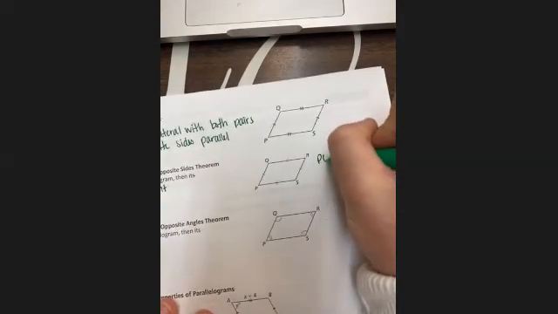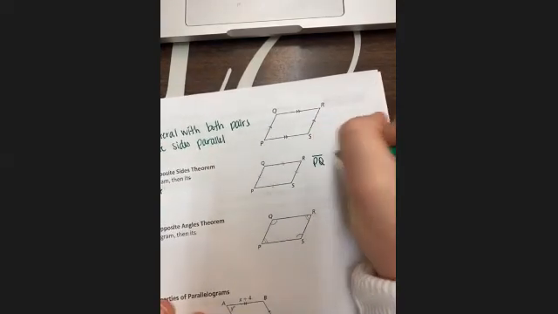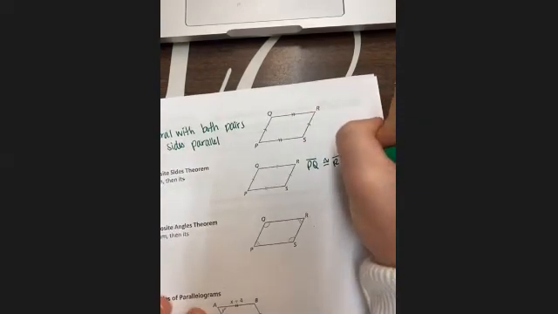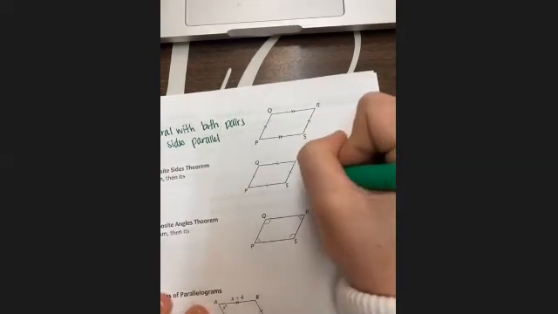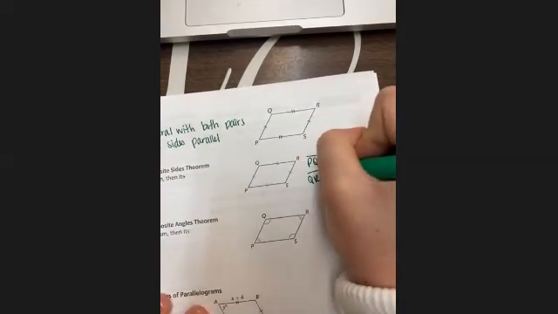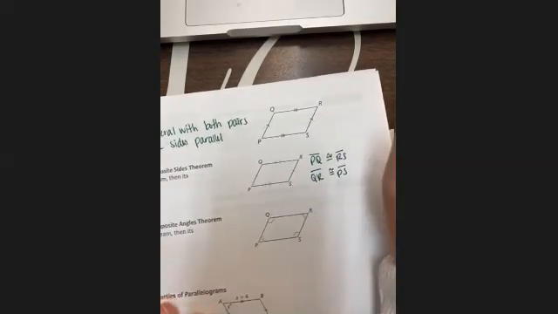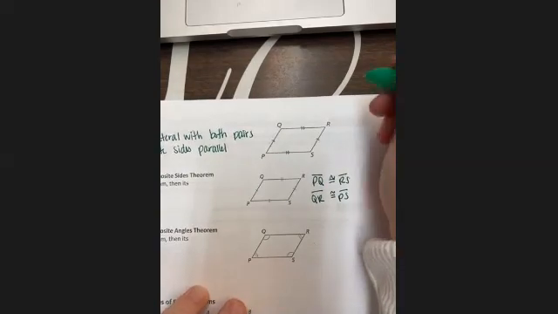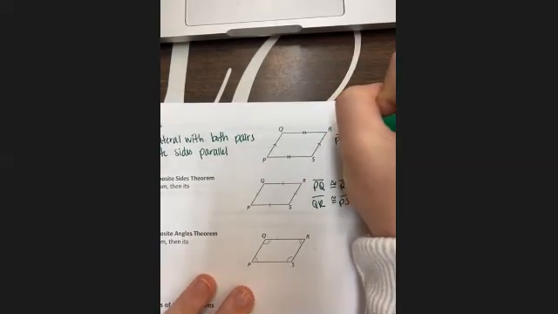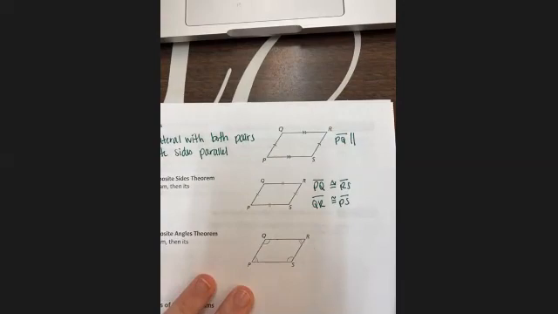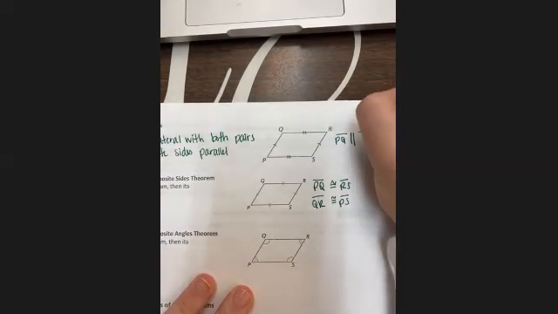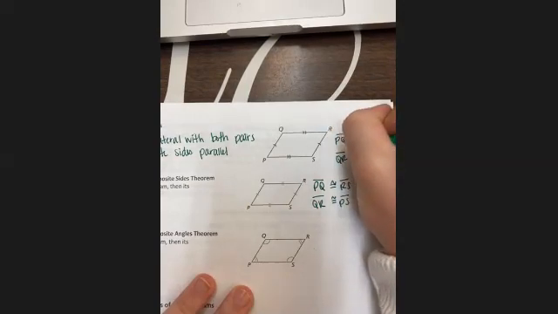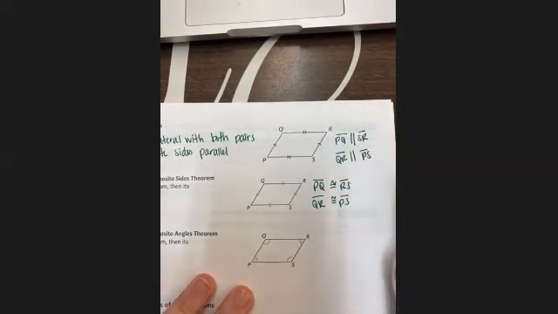So segment PQ is congruent to segment RS, and segment QR is congruent to segment PS. Okay, up above here, if you want to go back, actually, I forgot to write this one down. So PQ is parallel, is how we write that, to segment SR, and segment QR is parallel to segment PS.